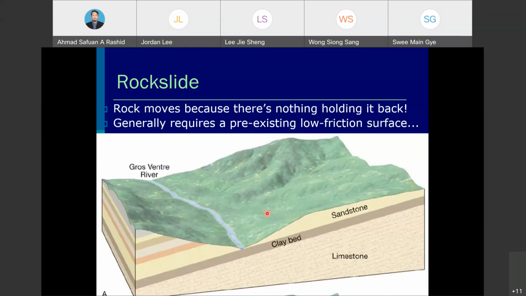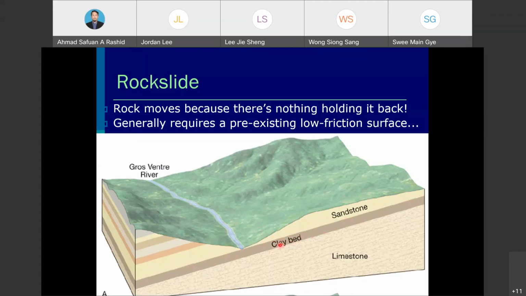So this is an example of a rock slide. The rock moves because there is nothing to hold it back, and it generally requires a pre-existing low friction surface. For example, this is sandstone, which we consider a rock formation, and then there is a clay bed.